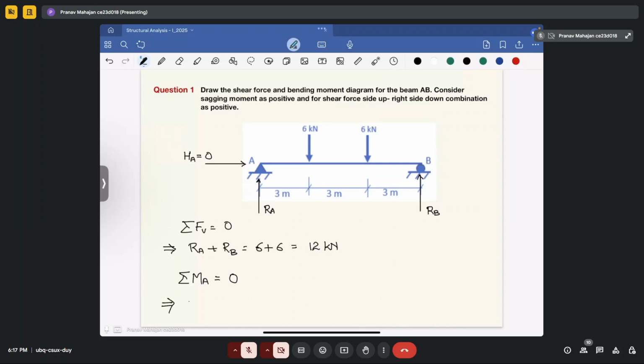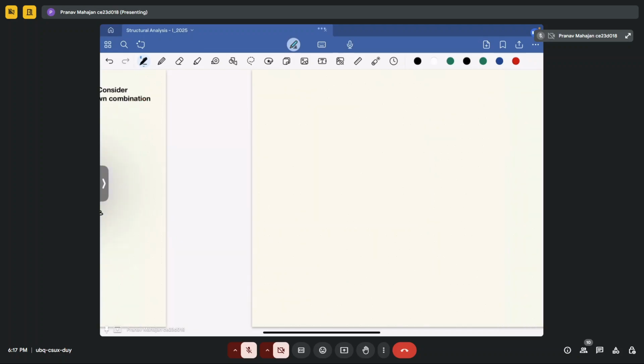Okay. So from point A, first load that comes is 6 kilonewton. So 6 into 3 plus 6 into 6. Now minus, because RB is in anti-clockwise direction, into 9 equal to 0. So solve this. What you will get?